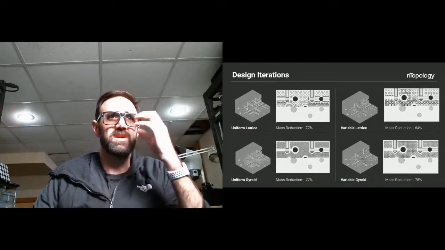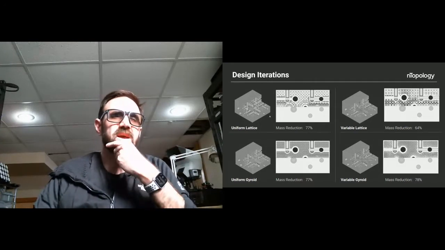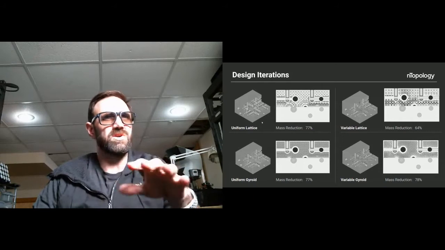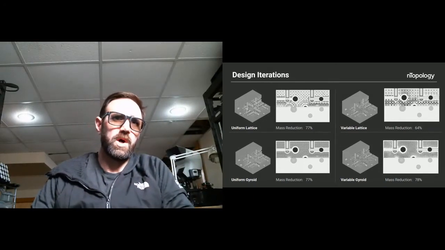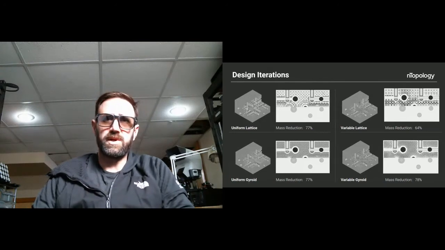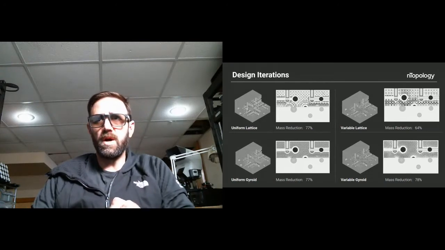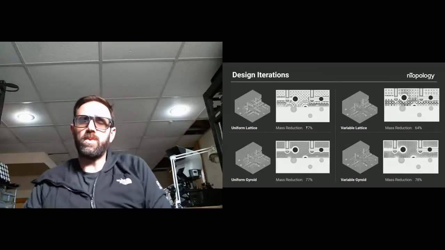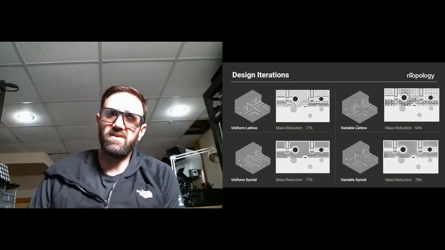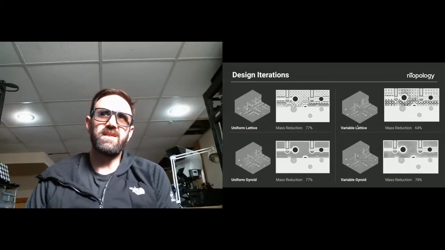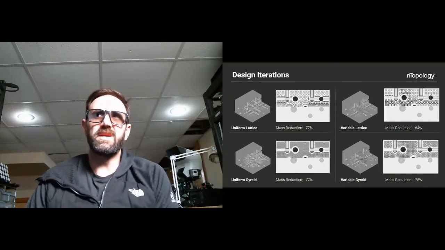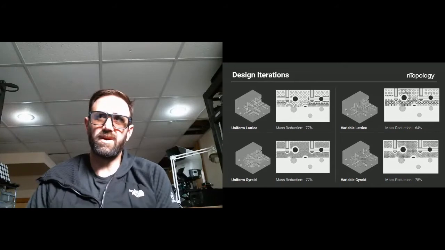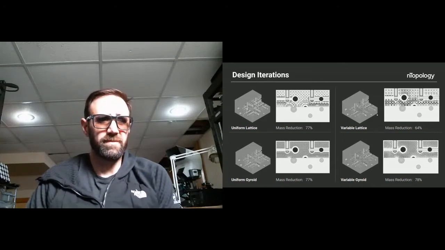We did an FEA simulation of pressure on those pathways, and we used that to make sure that we kept a minimum wall thickness that could sustain the pressure load. We can also use that pressure load data to vary the lattice so that the lattice gets dense or even a solid material near those passages. You can see this in this variable lattice in the upper right-hand corner.